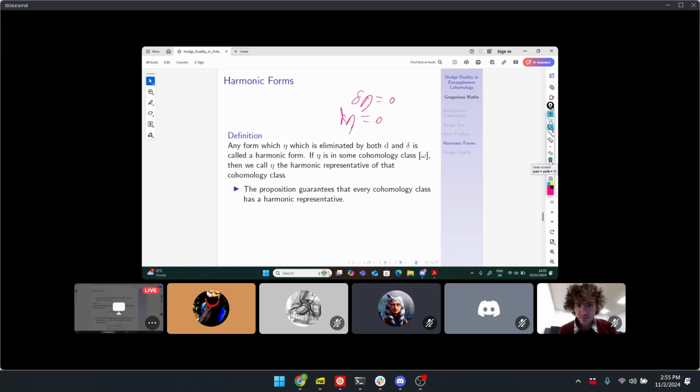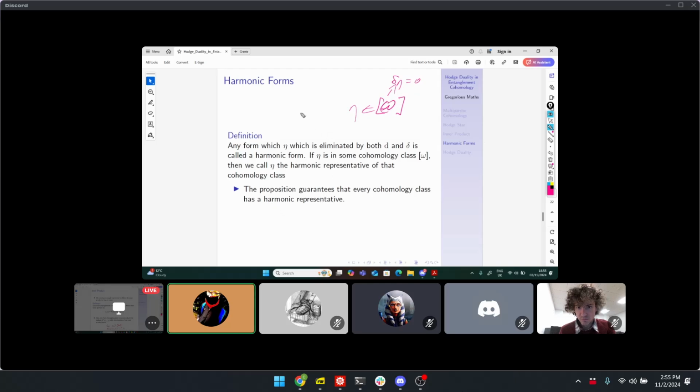Now, if eta is in some cohomology class omega, then it's the harmonic representative of that cohomology class. And the proposition above has shown that every cohomology class has an element such that delta eta equals 0. So every cohomology class has a harmonic representative.